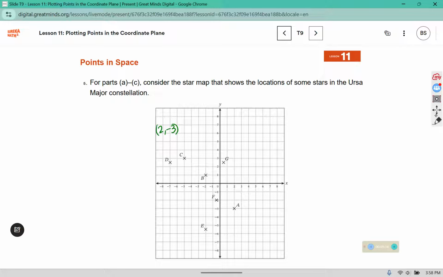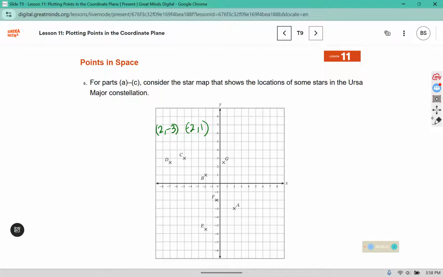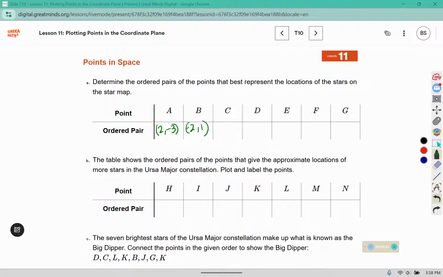B, 2 left and 1 up. C, 5 left, so -5, and 3 up.